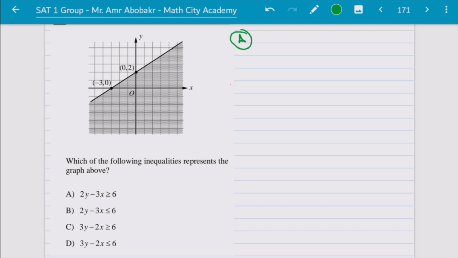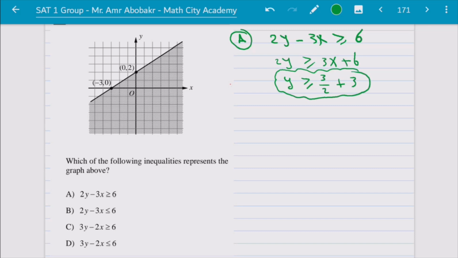The first one, 2y minus 3x, okay, greater or equal 6. So bring it to the other side. So 2y greater or equal 3x plus 6. Divide by 2. So y is greater or equal 3 over 2x plus 6 divided by 2 is 3. So this is the inequality of the first one.